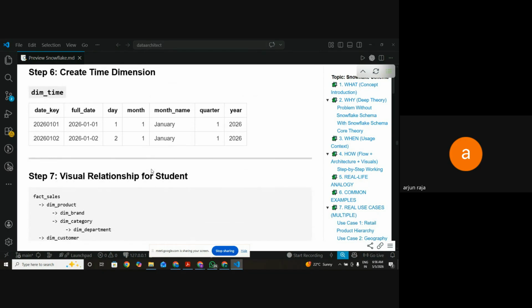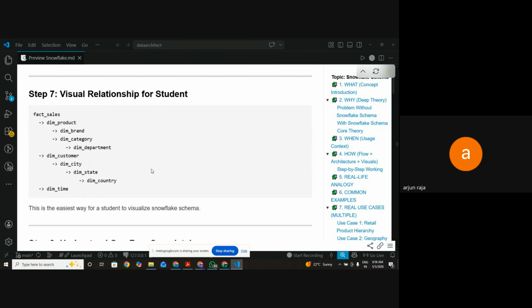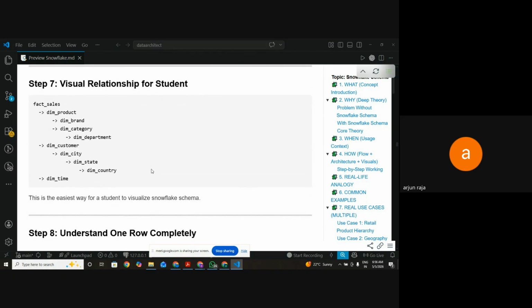So now step six, create the time dimension. Then visualize the relationships: first the fact sales, then dimension product will have brand, category, department, then customer will have city, state, and then country, then dimension time.